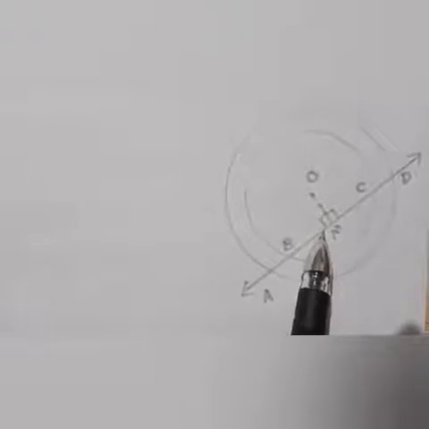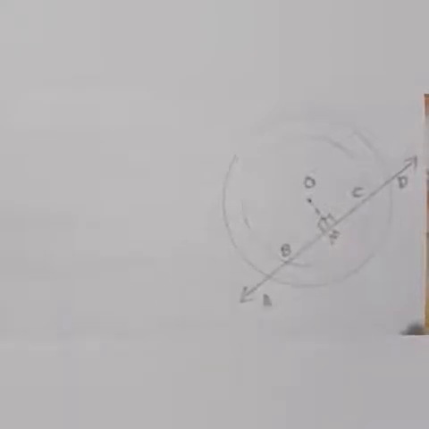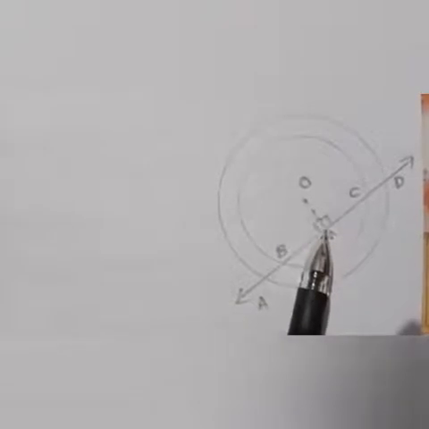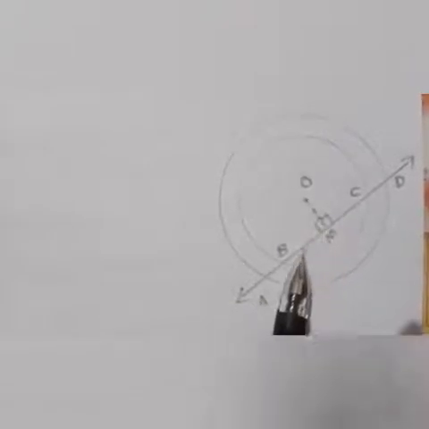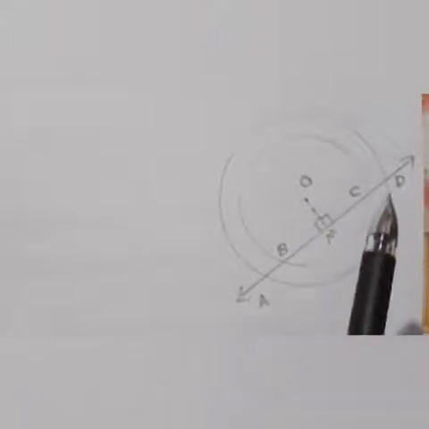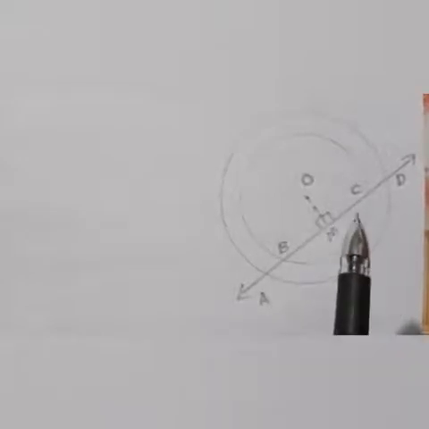The perpendicular drawn from the center of a circle to a chord bisects the chord. That means AM equal to DM, and in the same way BM equal to CM.